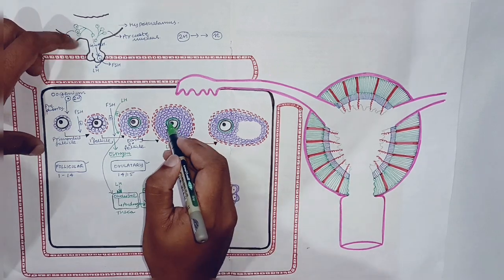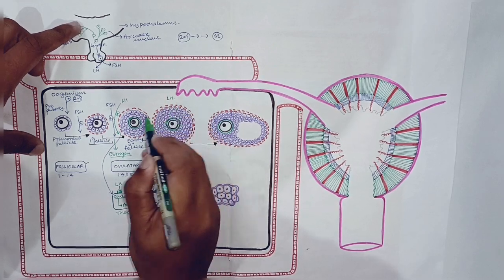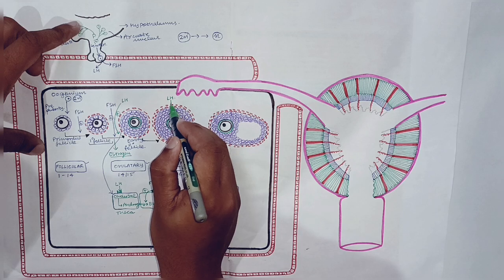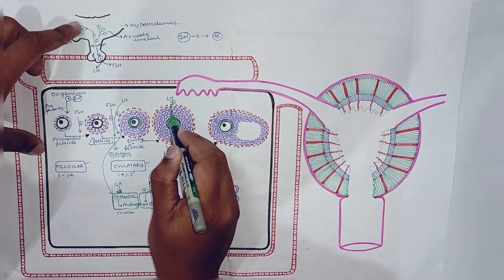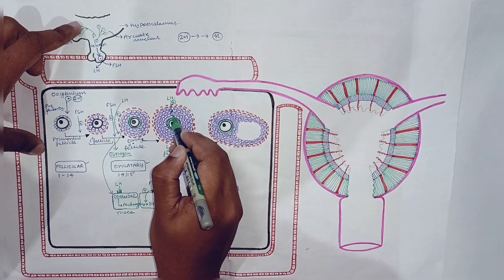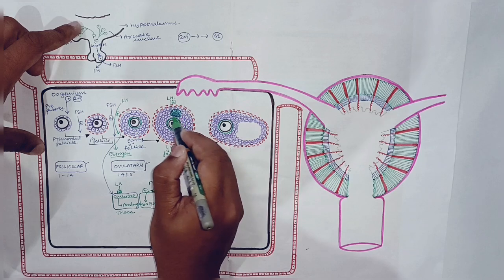Now what happens is that due to LH, it gives positive signals to the granulosa cells to convert into follicular fluid.